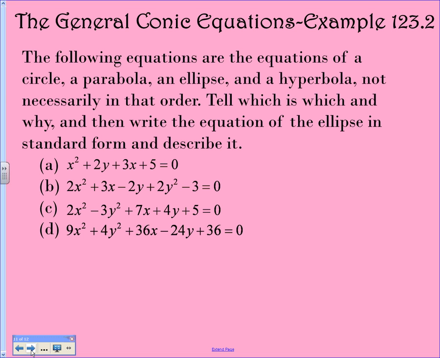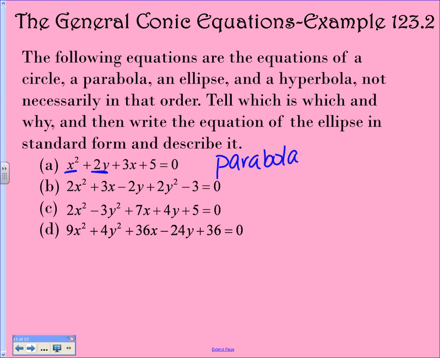The 2y and the x squared. What equation only has a y and an x squared? Does a circle have a y and an x squared? What about an ellipse? Or a hyperbola? It's just the parabola. Okay? Because we could tell that from these two terms.